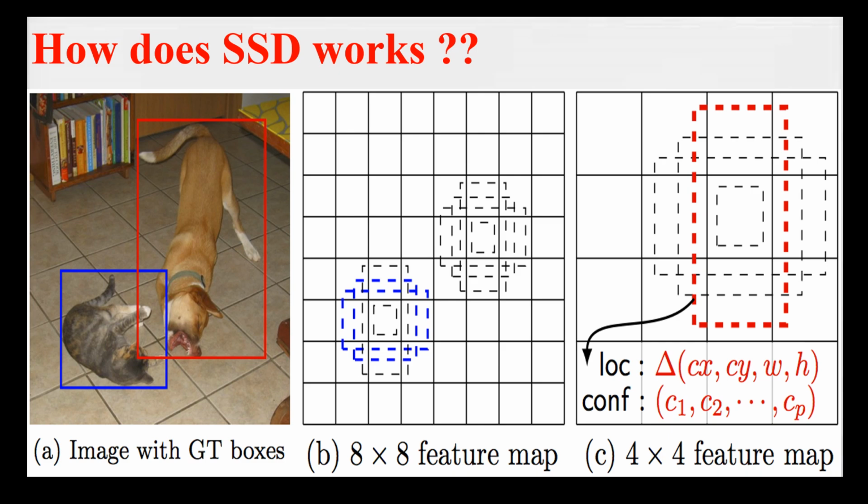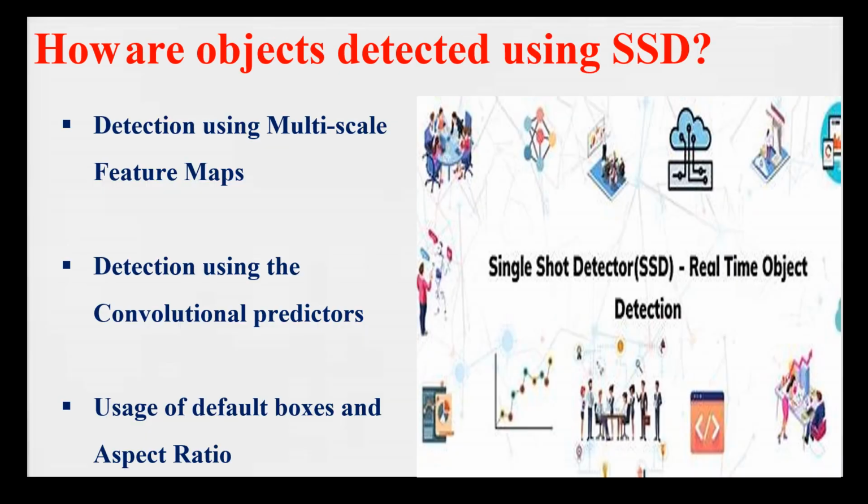So here basically we have the detections using multi-scale feature maps. Now these multi-scale feature maps are added to the end of the truncated backbone model, and these multi-scale feature maps reduce in size progressively, which makes detections at various scales of the image possible. So the convolutional layers used here vary at each feature layer. Then we have detection using convolutional predictors.